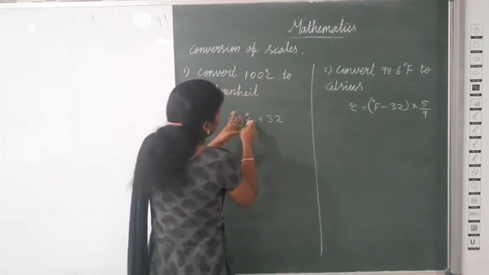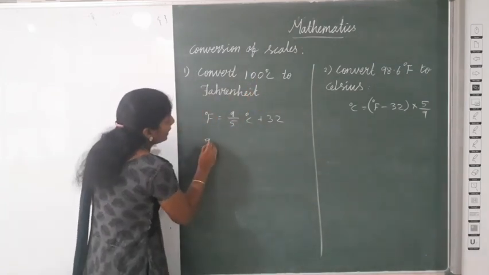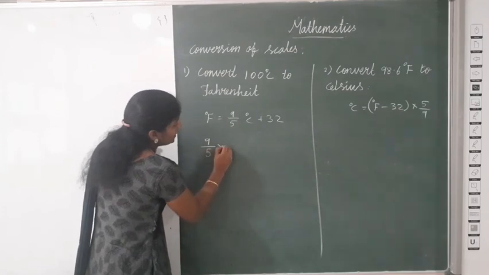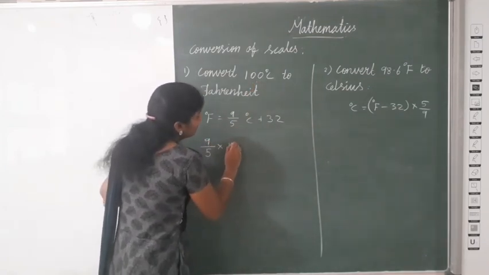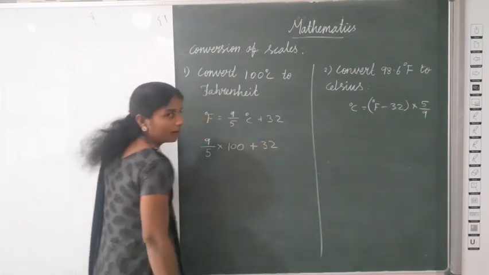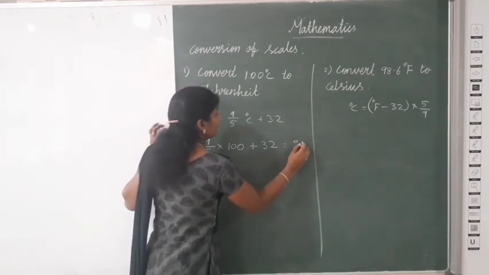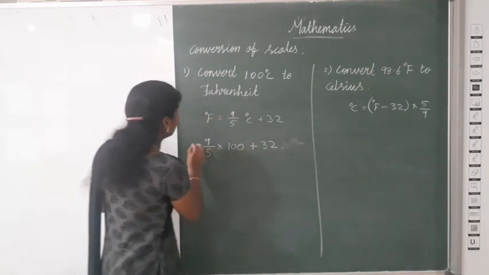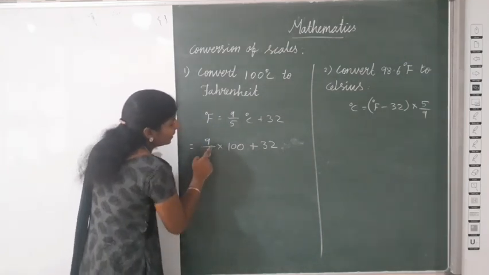Now we can apply for degree Celsius, place 100. Now 9 by 5 into 100 plus 32. This is the degree Fahrenheit. Equal to 9 by 5 into 100.